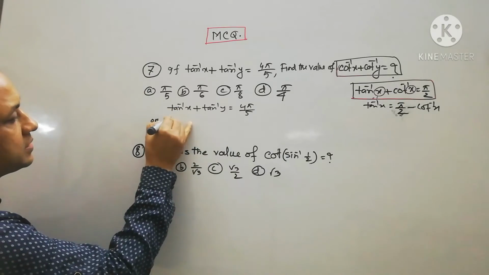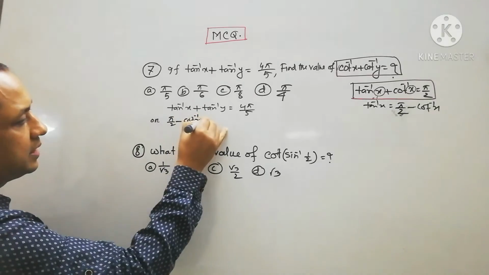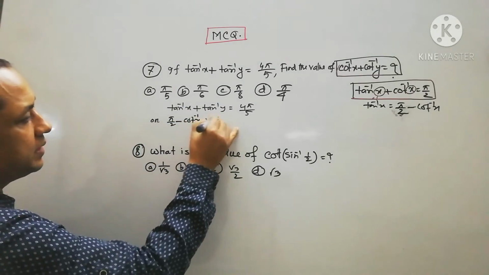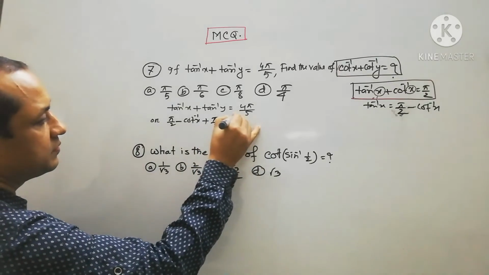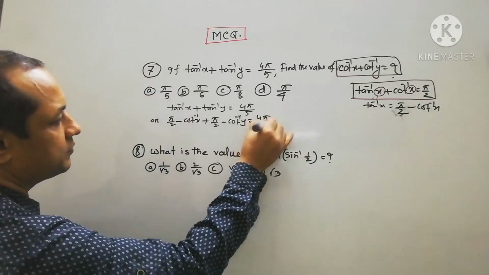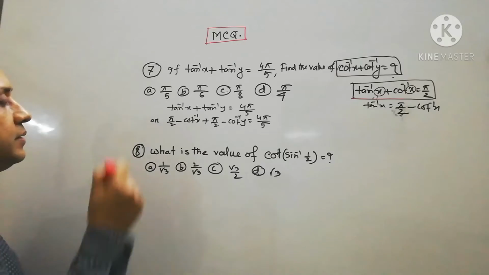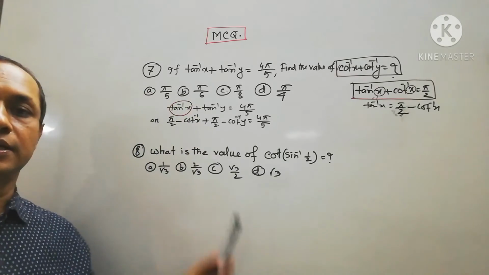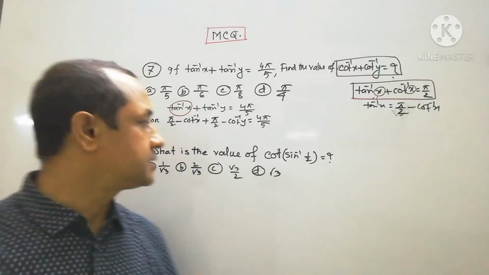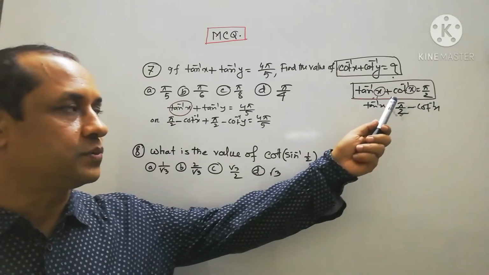So tan inverse x equals pi by 2 minus cot inverse x, and tan inverse y equals pi by 2 minus cot inverse y, and the right side is 4 pi by 5.